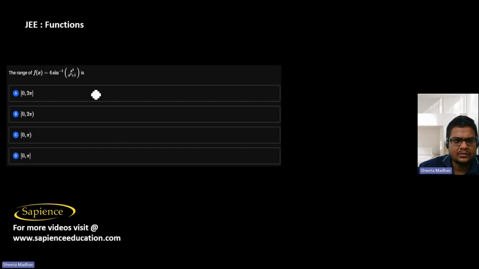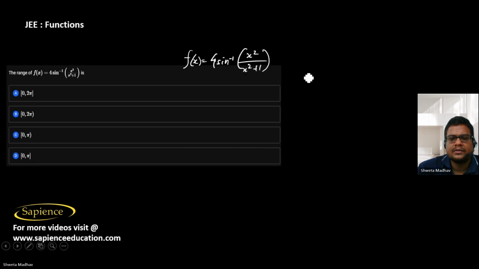So here it is told to find the range of the function f of x equal to 4 sine inverse of x square by x square plus 1.